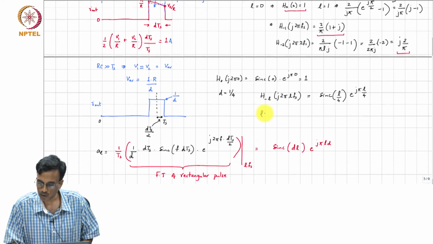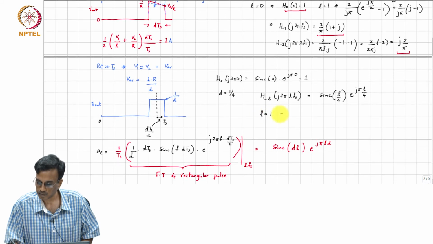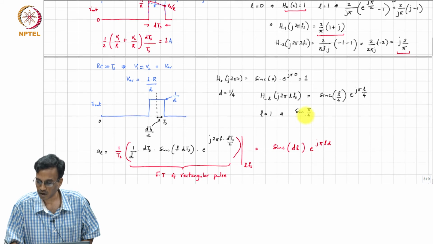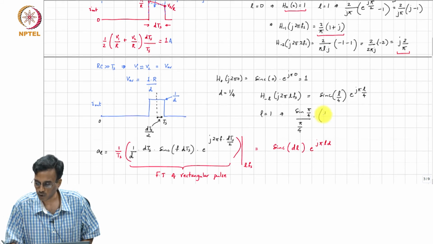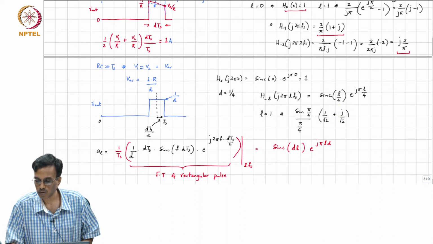So, L equal to 1: you have sin pi by 4 divided by pi by 4, that is the sinc, times cos pi by 4 plus j sin pi by 4, which is 1 by root 2 plus j by root 2.